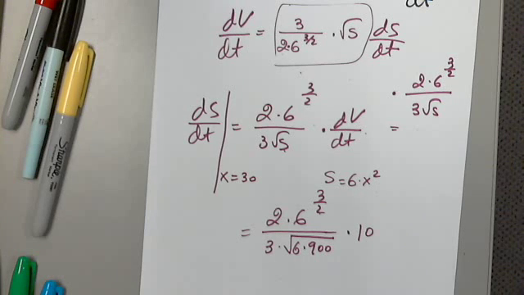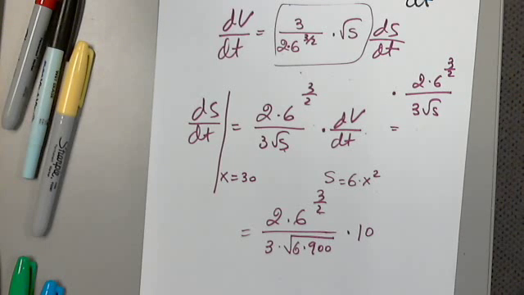Do not waste your time. Put everything in the calculator. Parentheses around the numerator with 20 times 6 to 3 halves. So 20 parentheses, 20 times 6 caret in parentheses 3 halves.